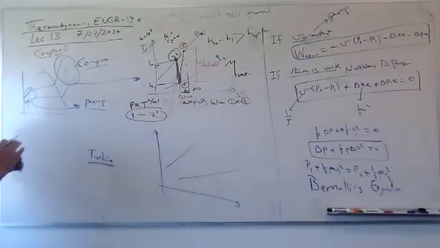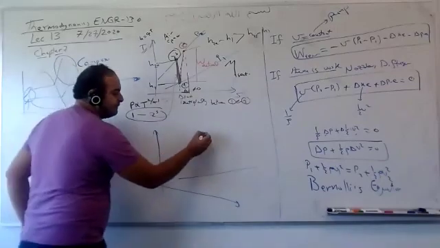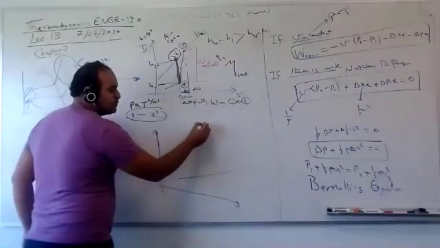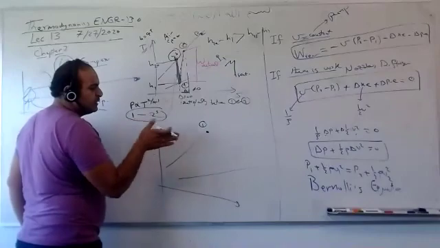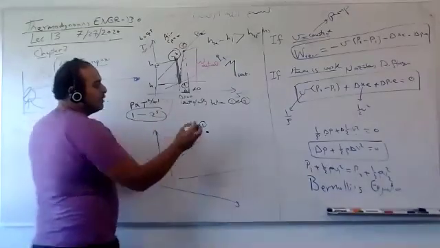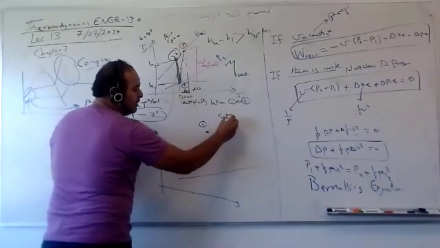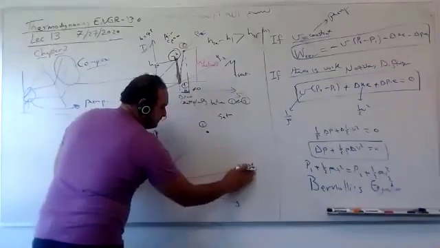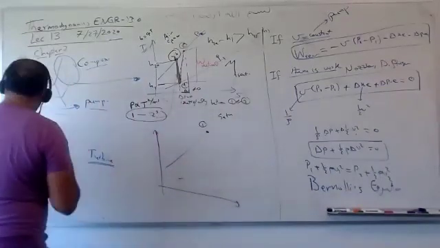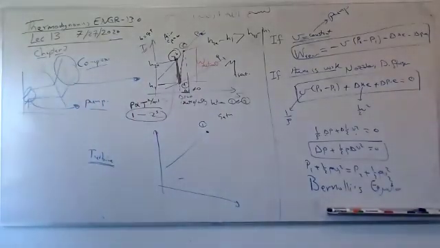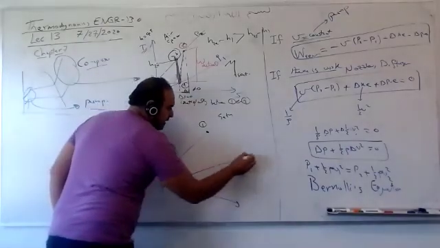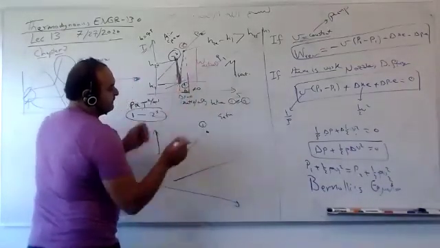How about turbine? The same thing, but for turbine, I'm here. This is 1, the entrance to the turbine. I want to expand, go from 5 atmospheres to 1 atmosphere. This is the 1 atmosphere. Pressure lines diverging.